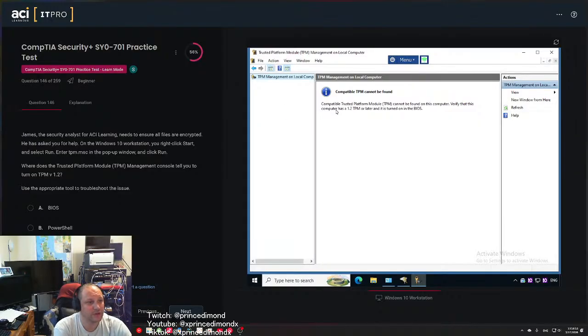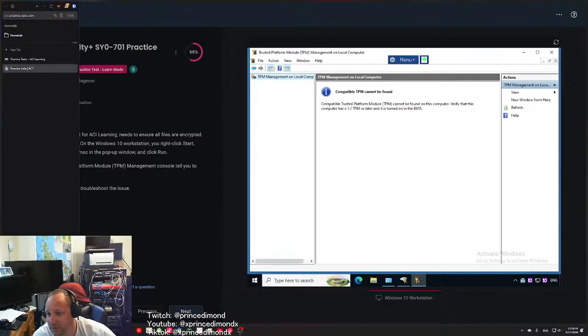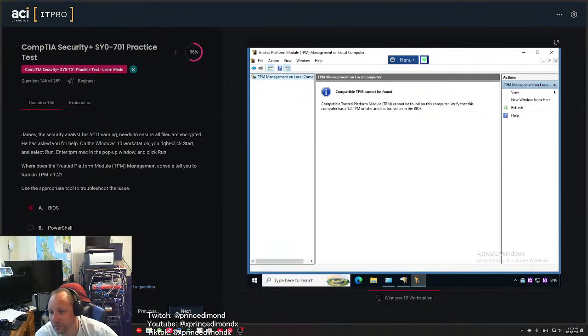Where does it tell you to turn it on? It is in the... make sure it's turned on in the BIOS. So yeah, you're going to turn that on in the BIOS. TPM is always a hardware module. So oops, what are we doing here? Why does it do that? It just doesn't.